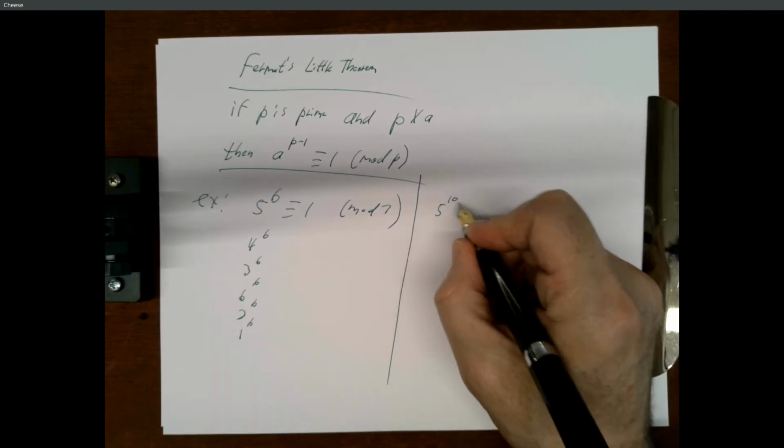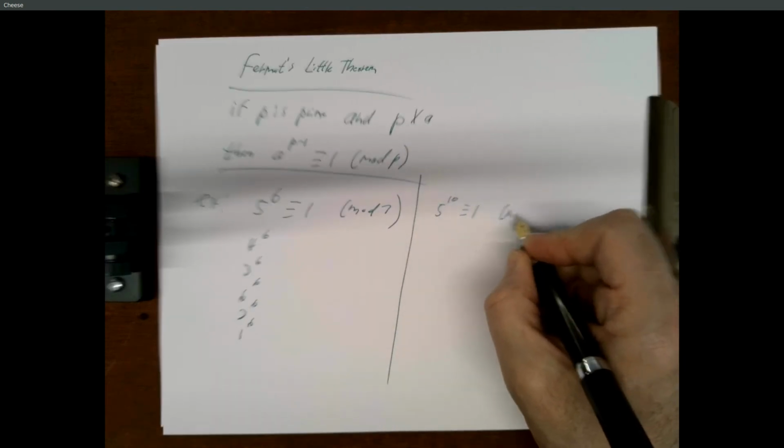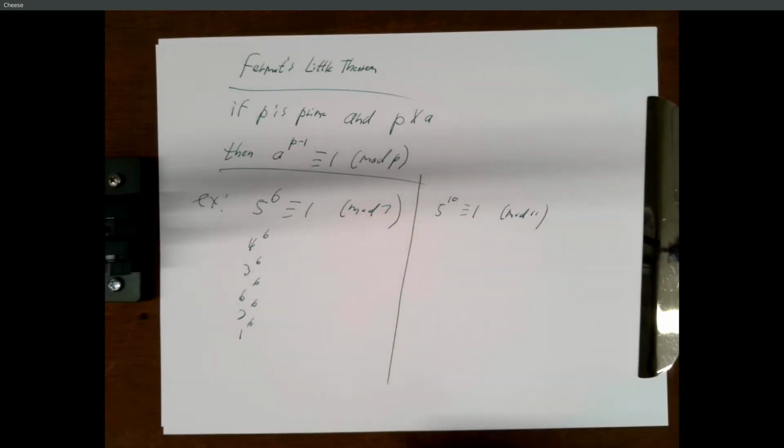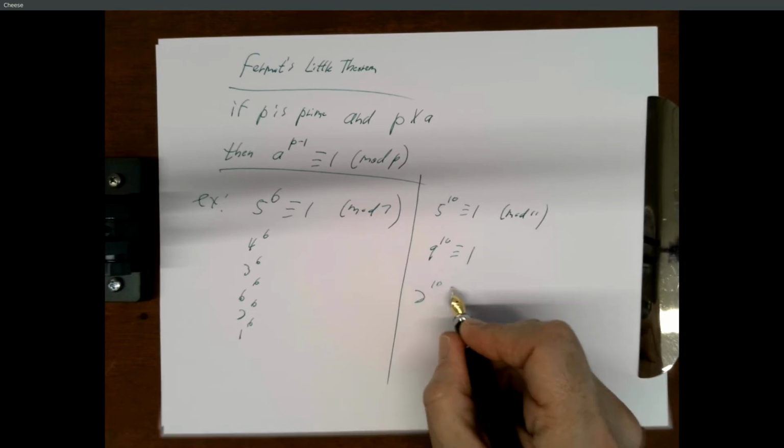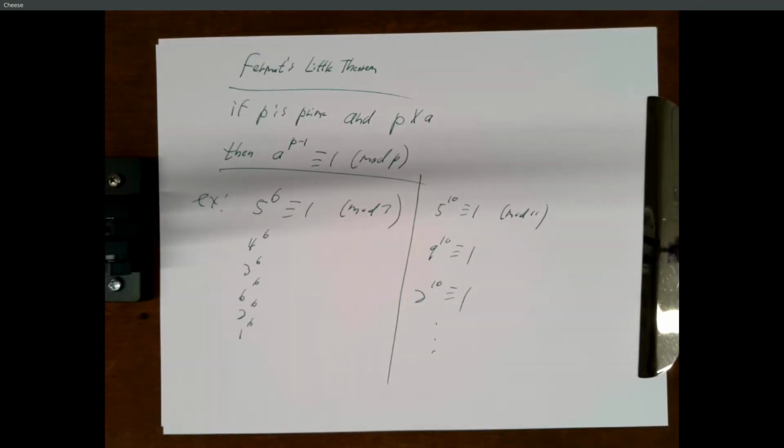You know, 5 to the 10th is congruent to 1 modulo 11. So is 9 to the 10th. So is 2 to the 10th, and so on. Okay, well, this is also useful for dealing with large exponents.